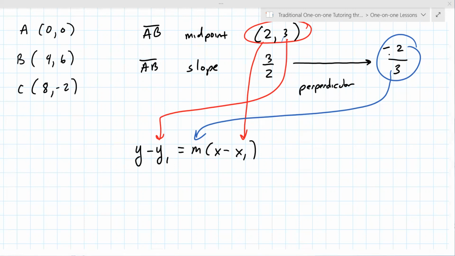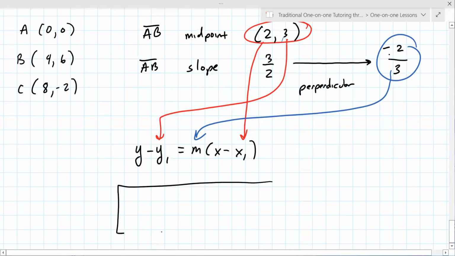Y1 is 3 and x1 is? X1 is 2. Yes. So I want you to write out the equation. The equation is -2/3 because m is the slope. Well, the slope is -2/3. Like I'm asking you, imagine this box represents your final answer.